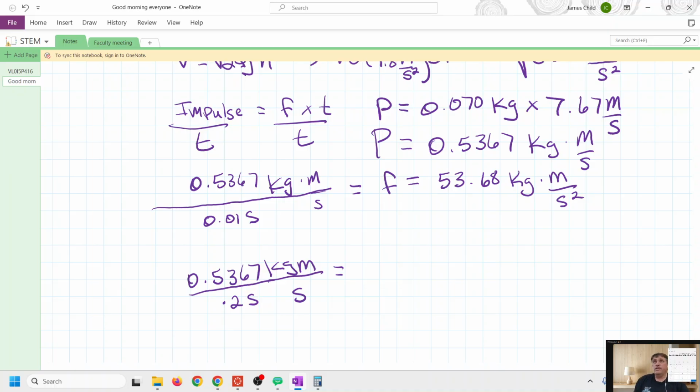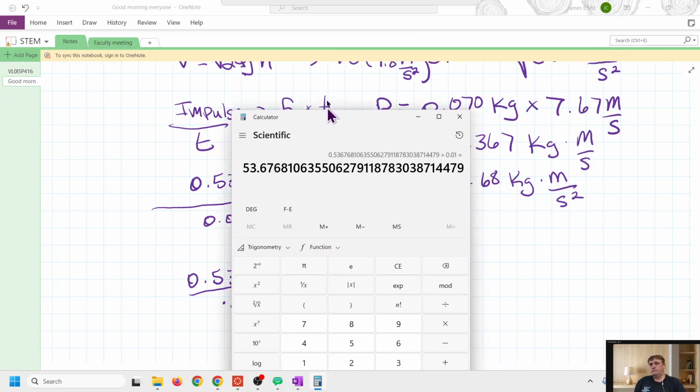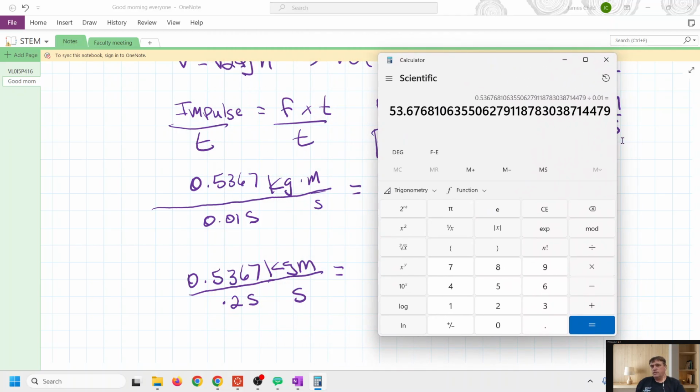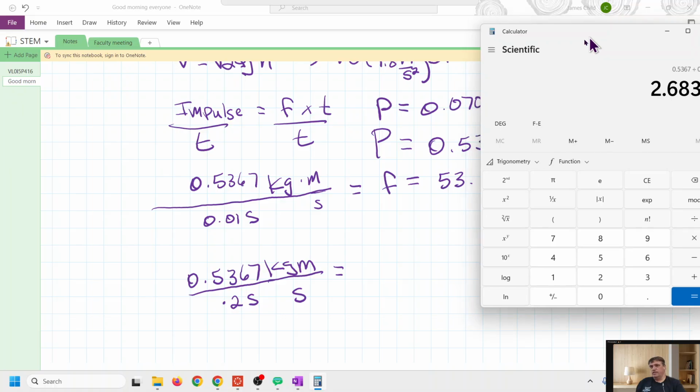Let's do that math really quickly. 0.5367 divided by 0.2. Look at the difference there.